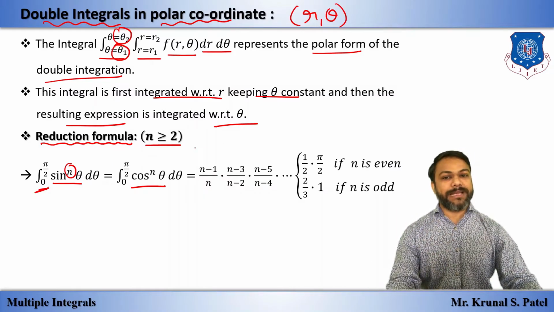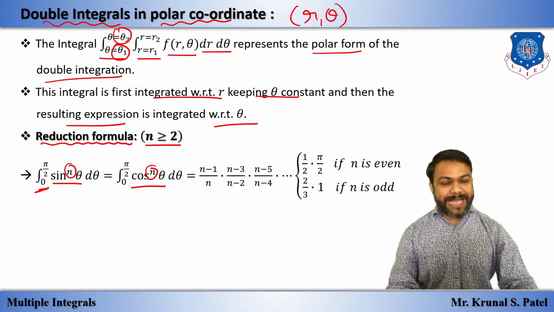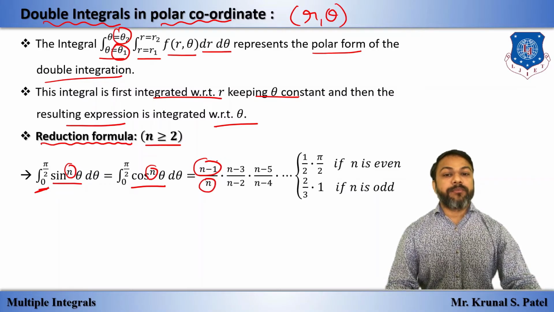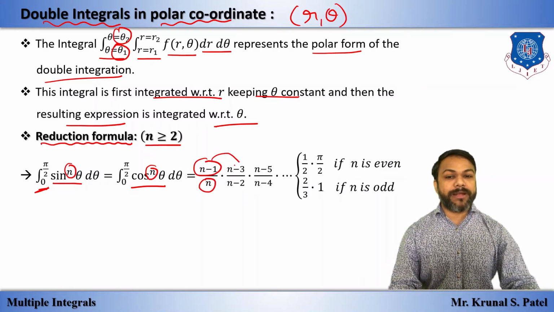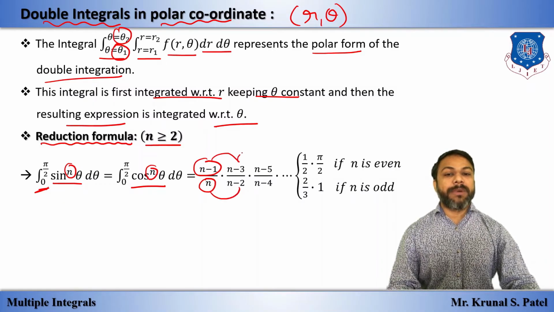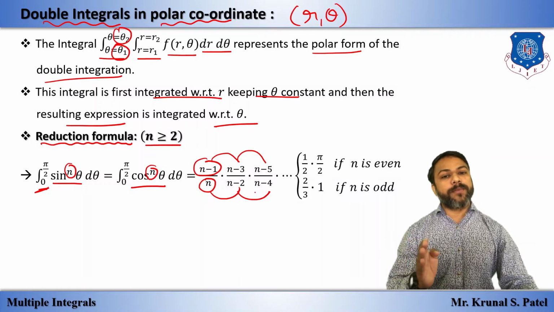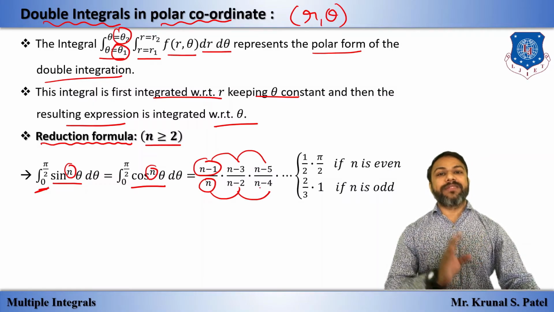The reduction formula is, if we have power n, we start with n minus 1 in the numerator and n as it is in the denominator. Then subtract 2 from the numerator, 2 from the denominator, again 2 from the numerator, 2 from the denominator, and go on until we get the final answer.